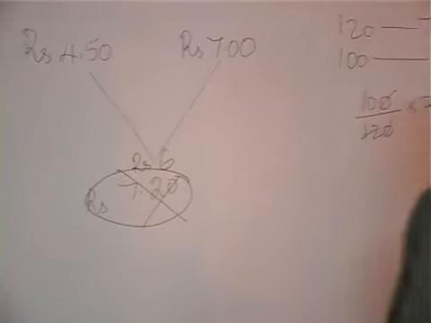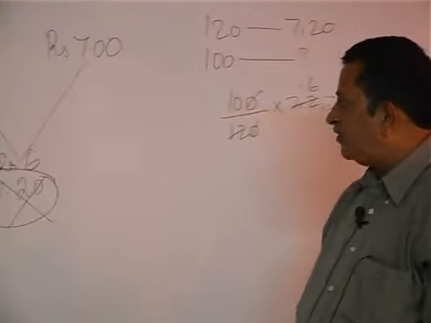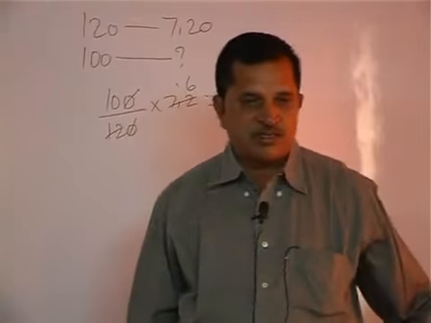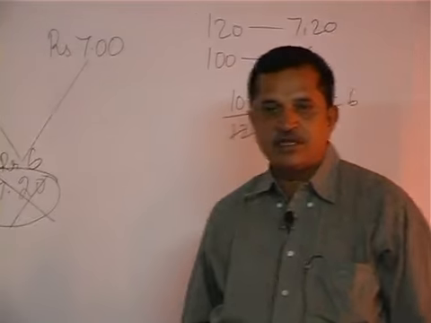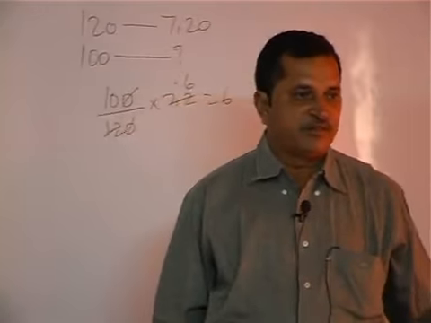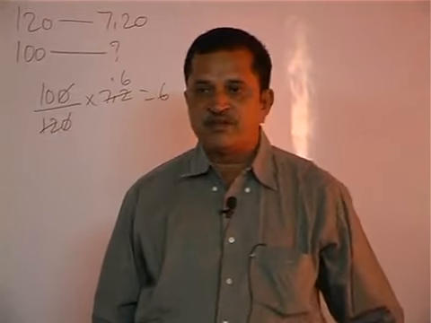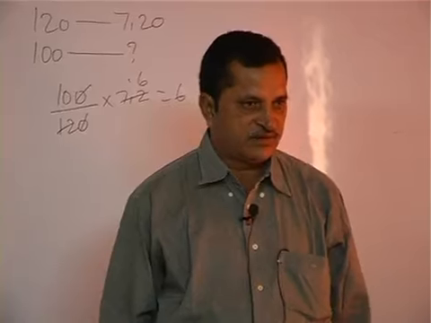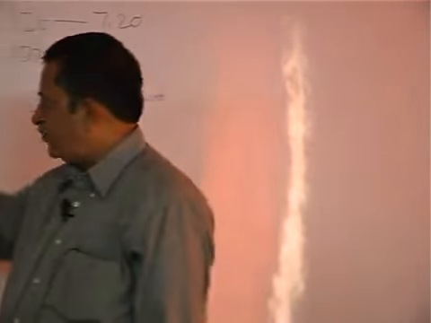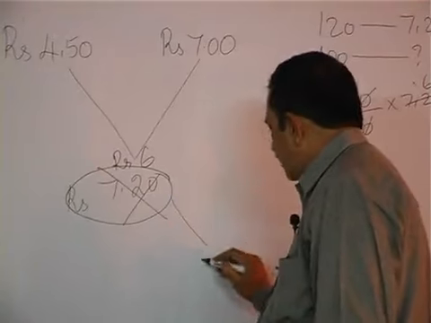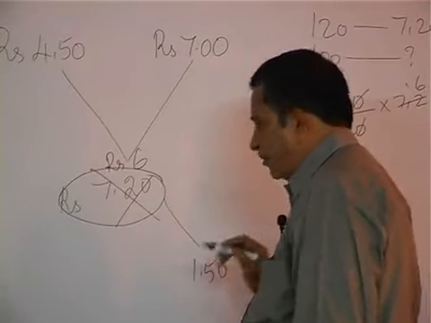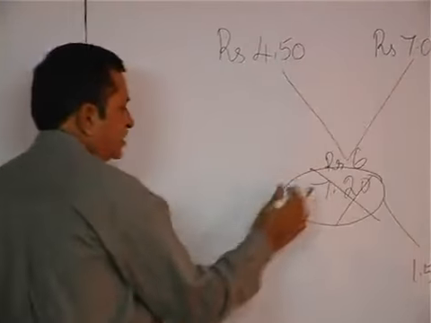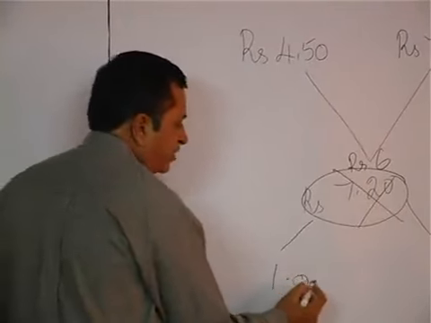So problem is clear. One variety of rice is 4.50. The other variety of rice is 7 rupees. After mixing, the cost price has come to 6 rupees. 6 rupees worth of mixer we sold for 7.20. We got a profit of 20%. Okay. So 4.50 and 6 rupees difference is 1 rupee 50 paise. 7 rupees, 6 rupees, the difference is 1 rupee.